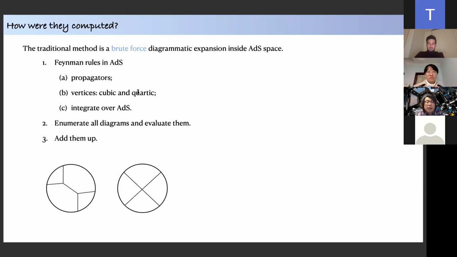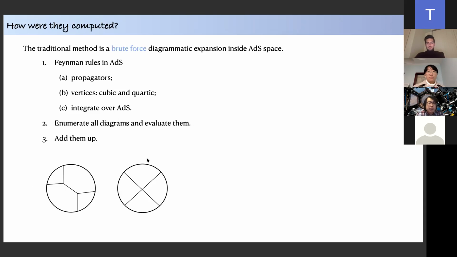Now let me briefly review how these objects were computed historically. The traditional method of computing these objects is to use brute force diagrammatic expansion in AdS. And the procedure is very familiar to what we do in flat space. The first step is just to figure out the Feynman rules in AdS, and that includes finding the propagators and vertices.